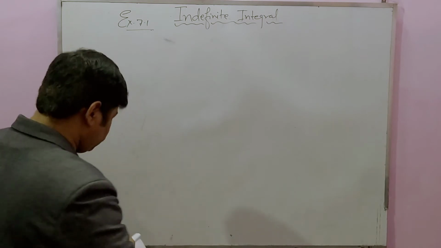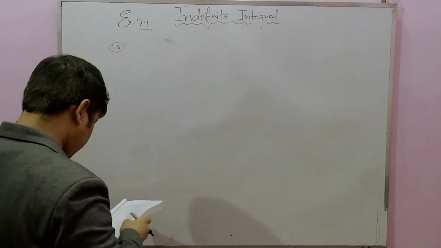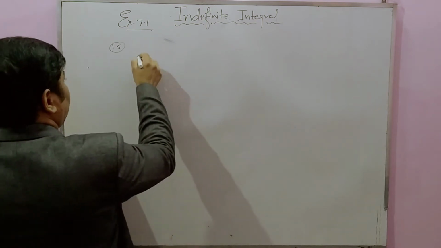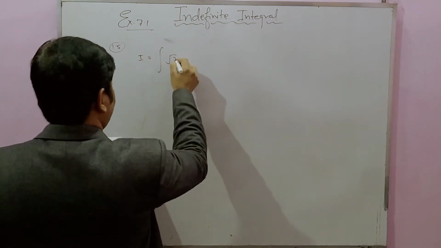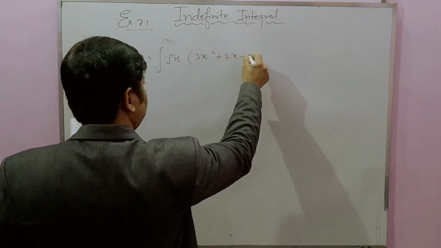Next question is question number 15. Question number 15 is: we are multiplying root x and we are writing (3x square plus 2x plus 3) dx.